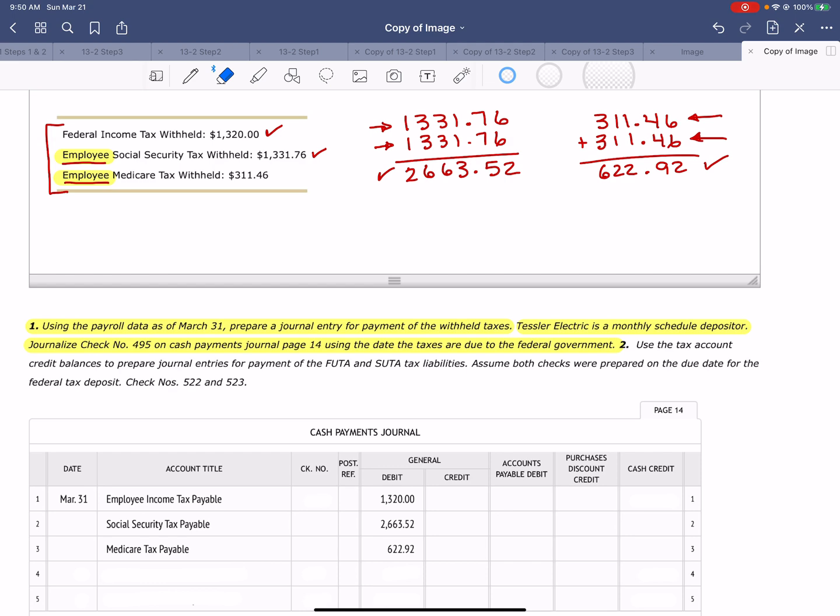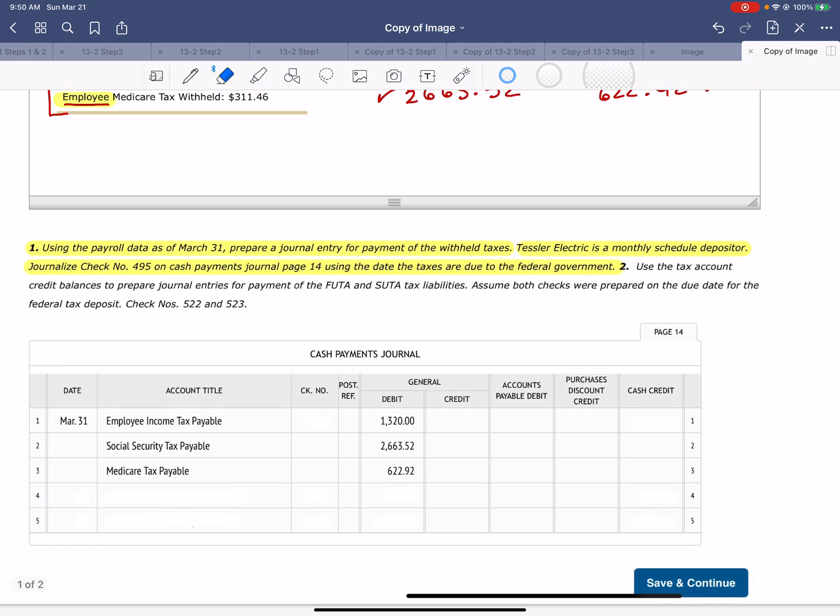Those are the 3 that we are going to write out check number 494 for. If we add these 3 numbers together, that is the amount of cash that we will be crediting.